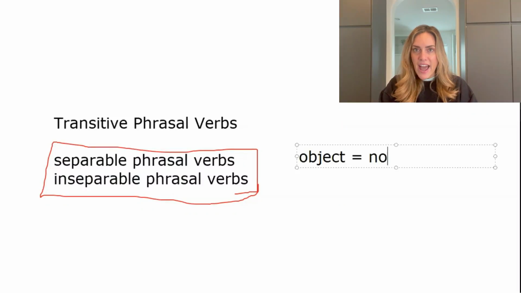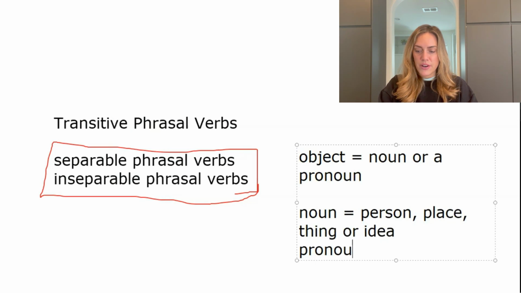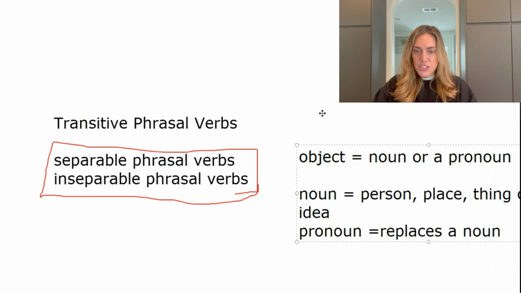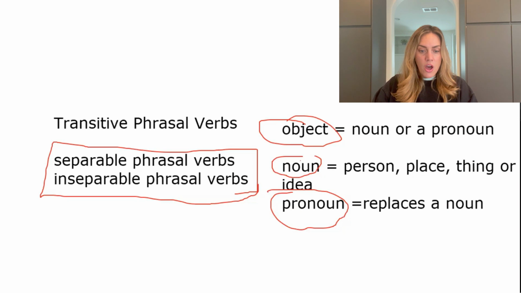Again, an object is a noun or a pronoun. A noun is a person, place, thing, or idea. A pronoun replaces a noun, right? Okay. So those are the things that we are going to have inside of the sentences that I will show you now. Let's start with separable phrasal verbs.